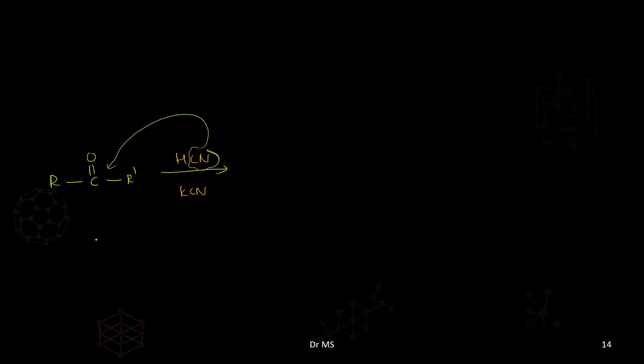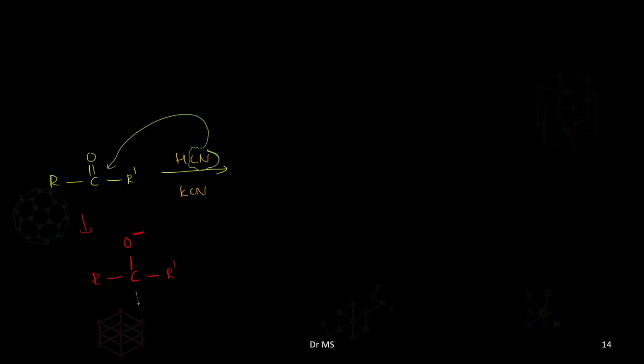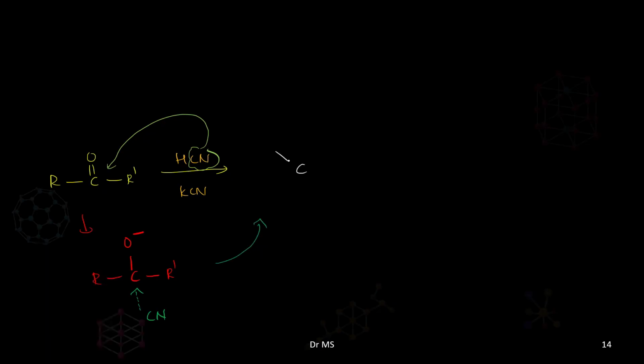First, let me draw the full thing. So this will turn out to be R, C, O minus, R dash. And then the cyanide will come and attack this carbon. That will result in the formation of a carbon with the R group and R dash group present.